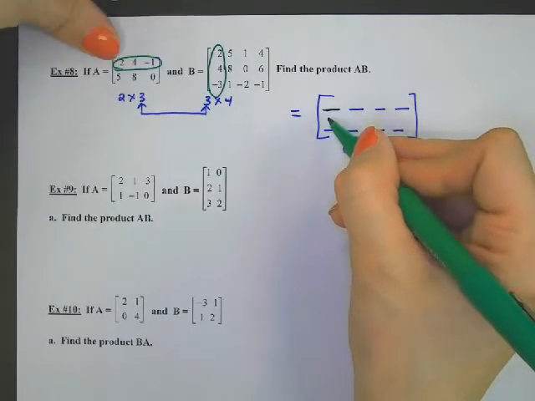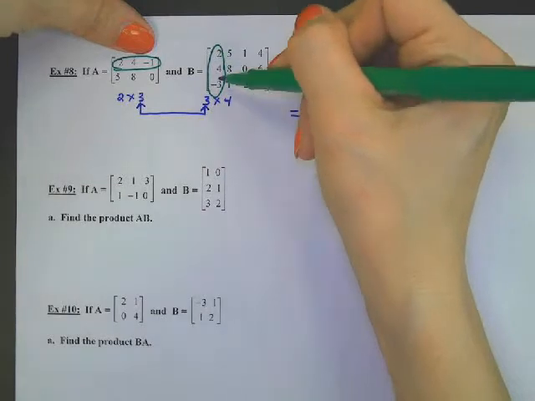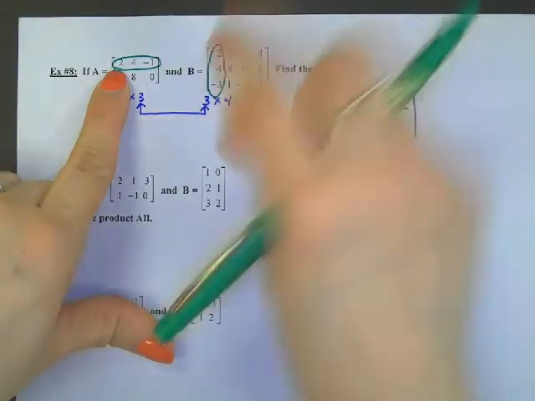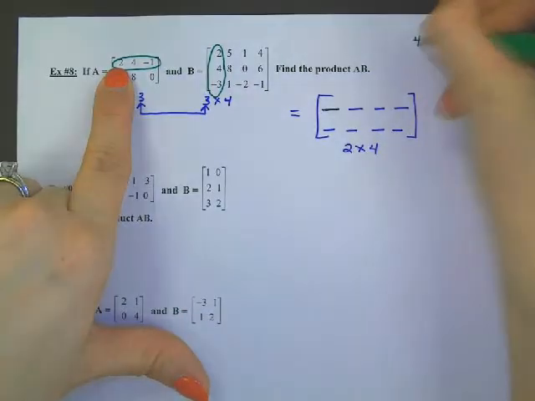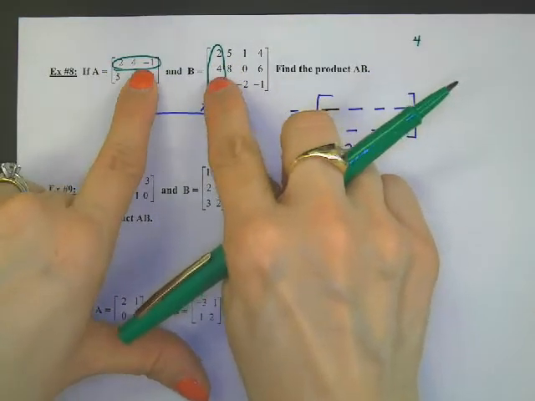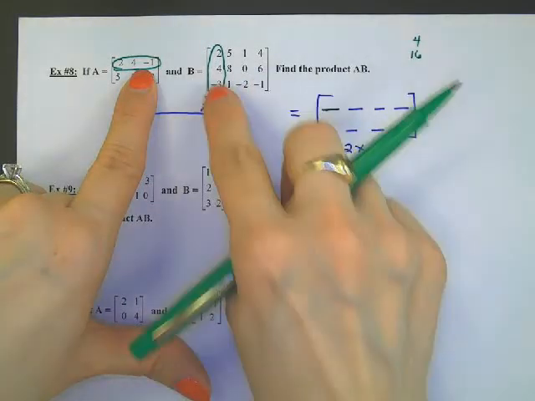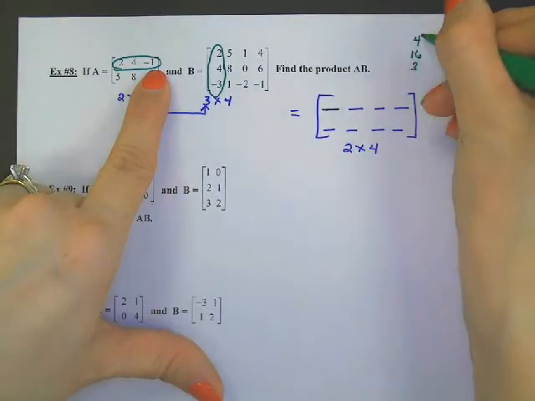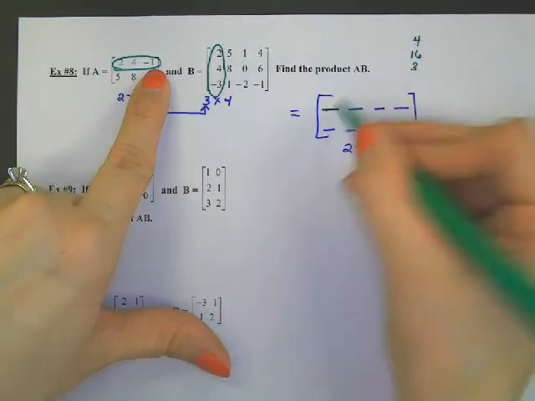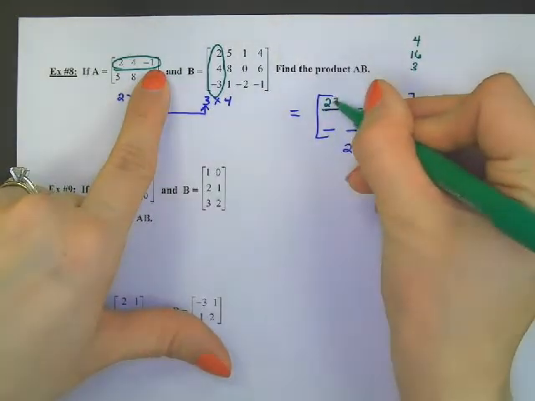We're going to start here on the left and start here on the top, and we're going to do 2 times 2, which is 4. 4 times 4 is 16. Negative 1 times negative 3 makes positive 3. We're going to add those 3 values, and we get 23.